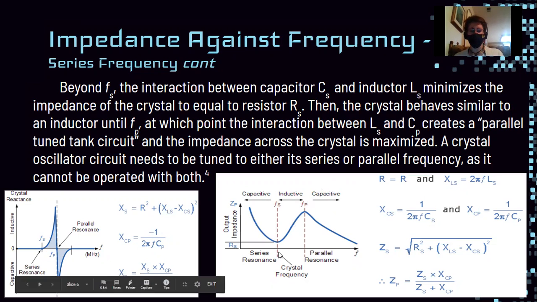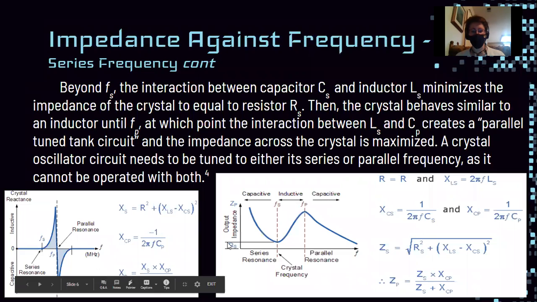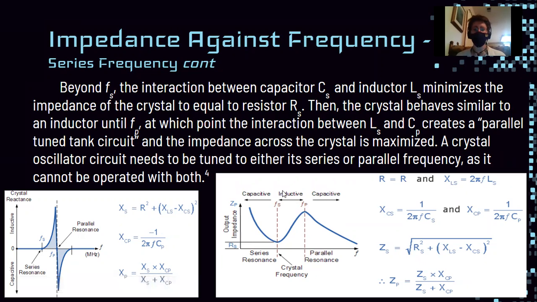Beyond a certain point, Fs, which we see here, the impedance of the crystal is minimized to be equal to the resistance R, which we see here. Then the crystal behaves similarly to an inductor in this area until it reaches the point of Fp, or the parallel frequency. Then it starts acting like a capacitor again, and the impedance across the circuit is maximized.